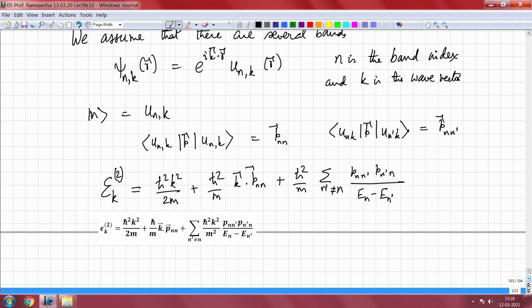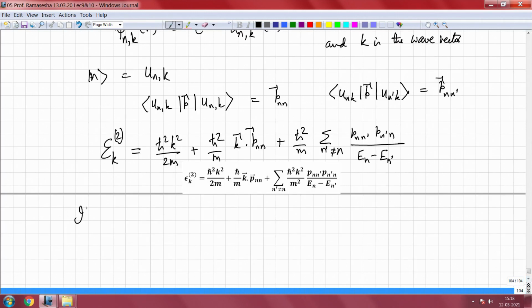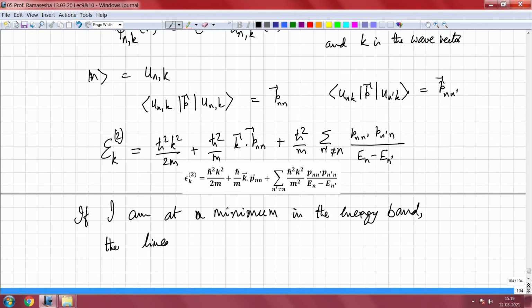Now, if I am at a minimum in the energy band, the linear term is absent. That is, either at a valley or at a minimum or a maximum in the energy band, you will see that the linear term is vanishing.